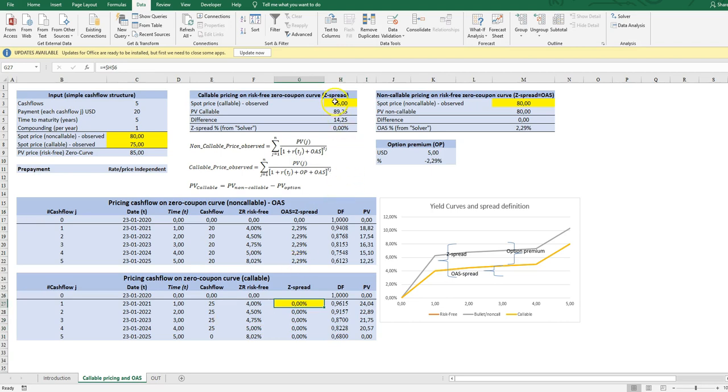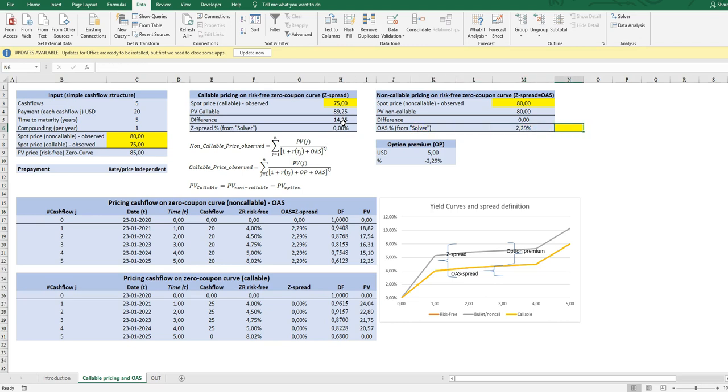So now I first start by pricing the Z-spread, and here in this case the Z-spread is not equivalent to the OAS spread. The Z-spread includes both an OAS spread, which by definition is this because it's the same credit risk and liquidity risk that we have.